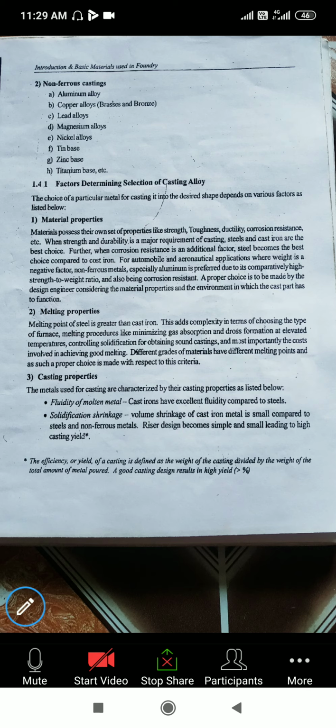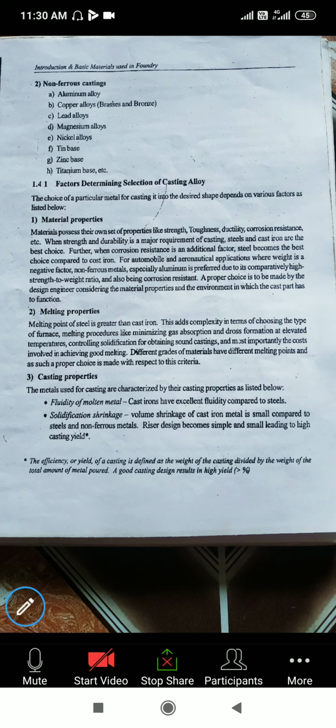The riser design becomes simple and smaller, leading to a high casting yield.